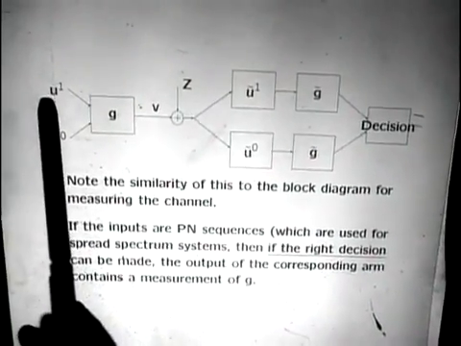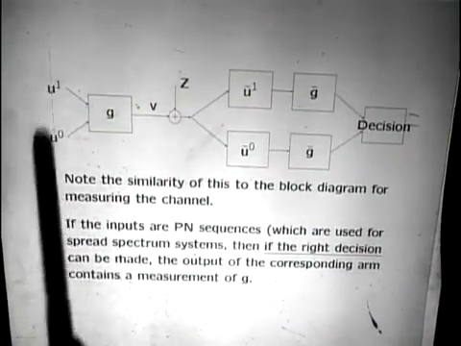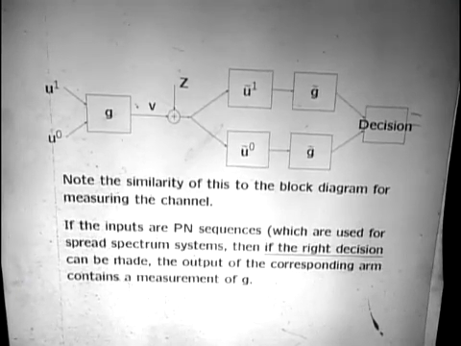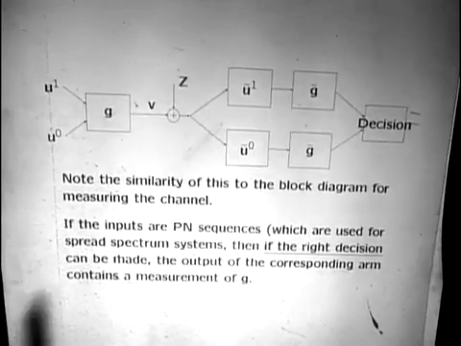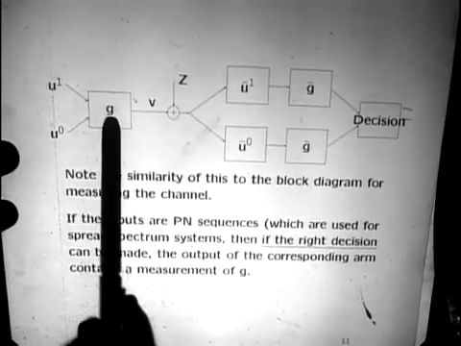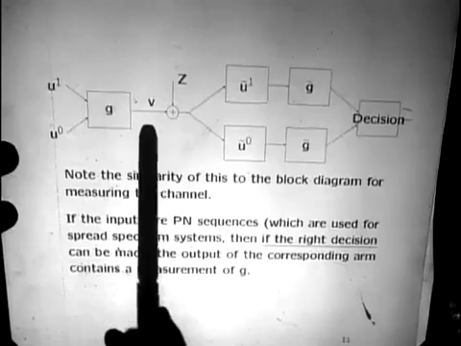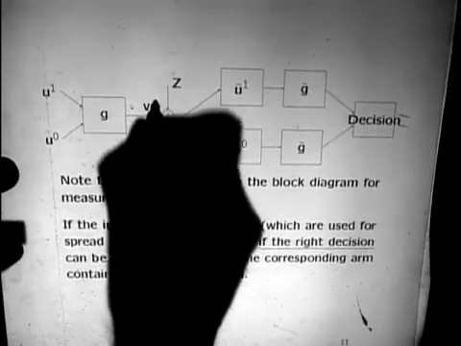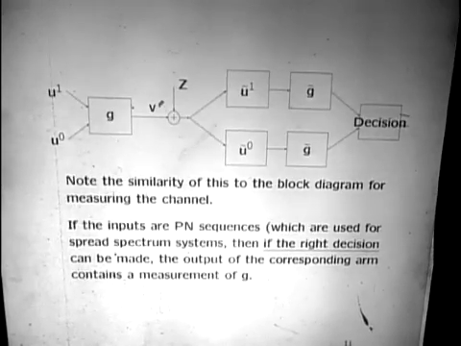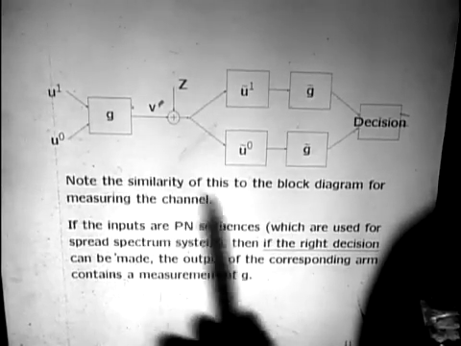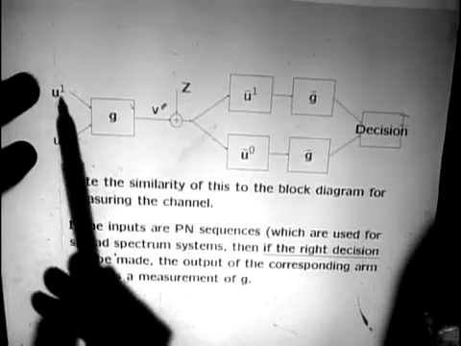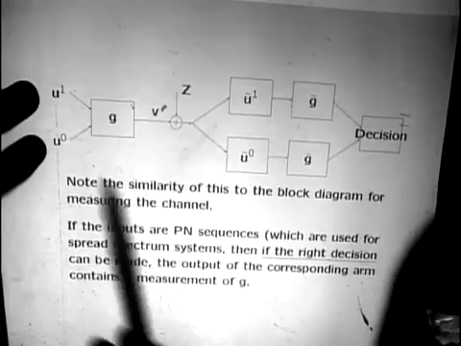So what you wind up with is the following figure. You either send U0 or you send U1. This is a way to send one binary digit. We're sending it by using these long PN sequences now. If U0 goes through G, we get a V prime out, which is the output before noise is added. We then add noise, and then we try to detect whether this or this is true.